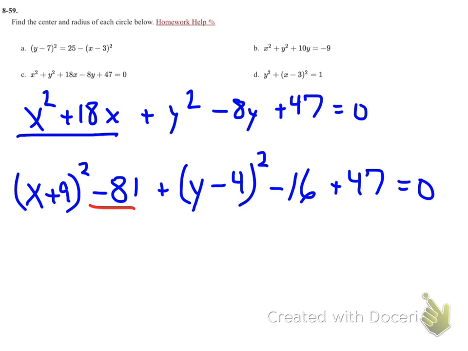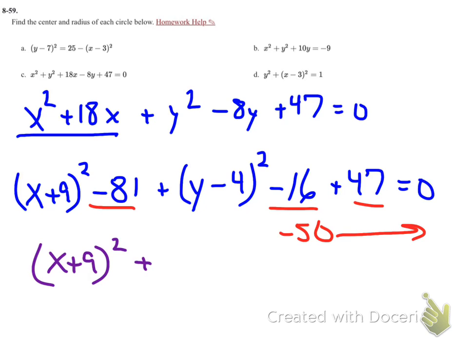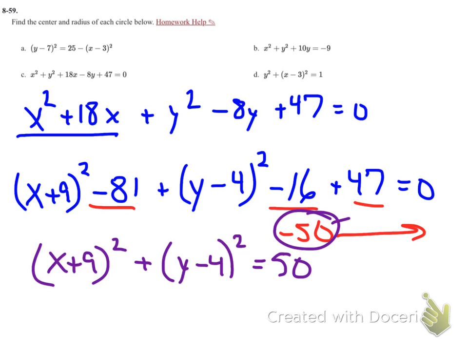I need to combine like terms, and once I combine like terms, I'll move them all to the other side. So I take negative 81 minus 16 plus 47. Those all together are a negative 50. I'm going to move that to the other side, and I end up getting (x plus 9) squared plus (y minus 4) squared equals positive 50, because again, I moved that negative to the other side.